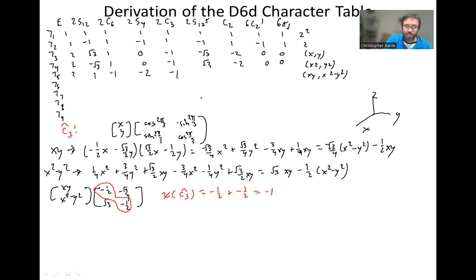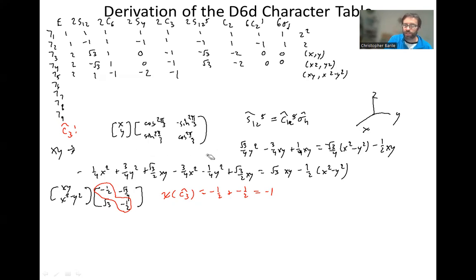Okay, S12 5 times. Well, an S12 5 times is equal to a C12 5 times, followed by sigma H 5 times. The sigma H 5 times is the same as sigma H once, but it doesn't really matter because sigma H doesn't do anything, right?